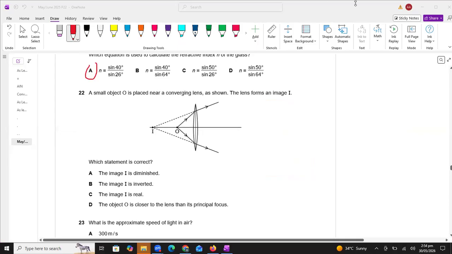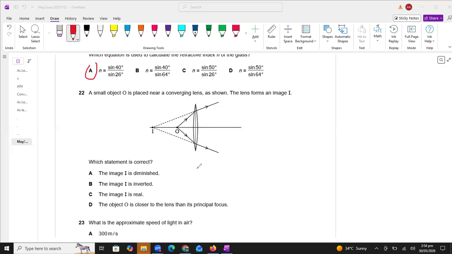In question number 22, you can see a small object O is placed near a converging lens as shown. The lens forms an image I. Now you can see this is the object O which is placed near a converging lens, and the image is formed at the same side where the object is placed. Which statement is correct?